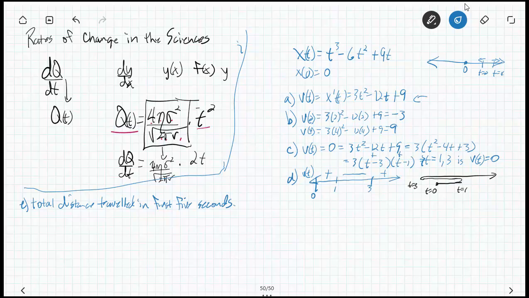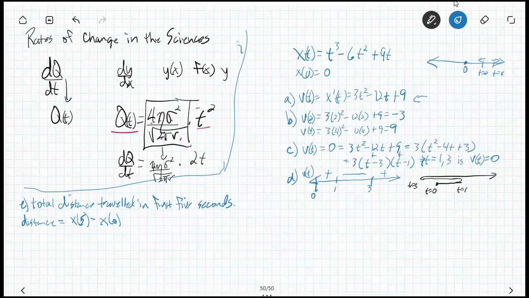First 5 seconds. Now there's a problem, and students just love to get really crazy with this. They will say that the distance is equal to x of 5, the position after 5 seconds, minus the position when it started. Now you may think to yourself, wait, something feels fishy about this because this thing's moving around.